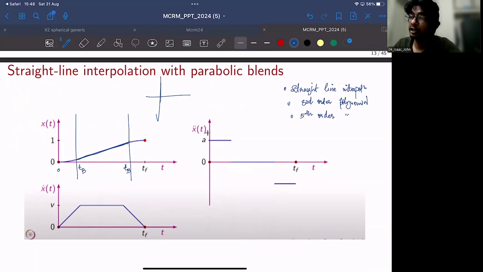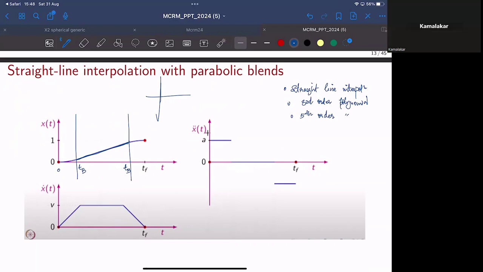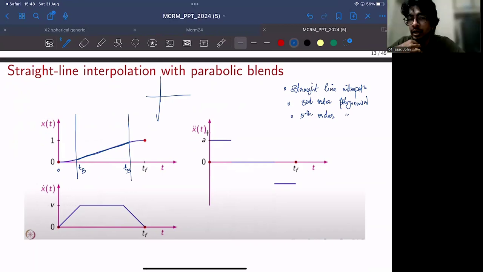But in case of a car, I'm not sure if I understood the question, because you cannot practically command your car to start from a velocity of 50 kilometer per hour, right? It's not possible for your car to start immediately at 50 kilometer per hour.